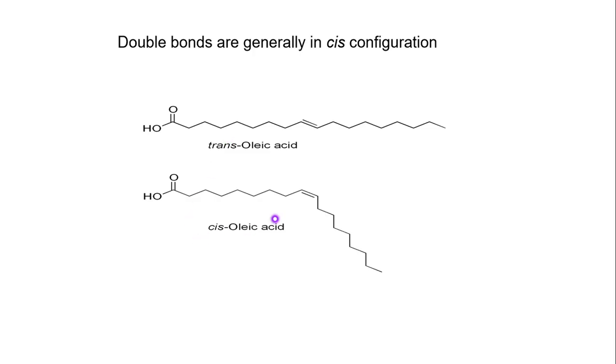Now let's look at the cis. Looking at this structure, with millions of them, they cannot find a regular pattern where they will be compacted to each other. For that matter, we are going to find that this cis oleic acid will not be able to compact, so there will be distance between them. If there's a distance, automatically it will affect the van der Waals forces. And if the van der Waals force is less, it affects the melting point and also the boiling point.